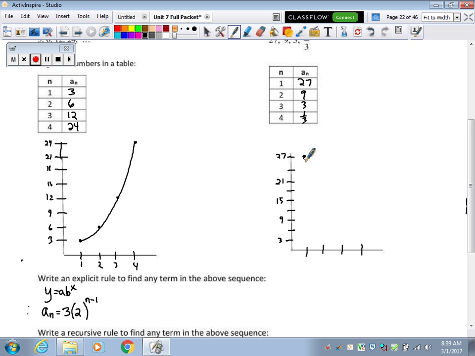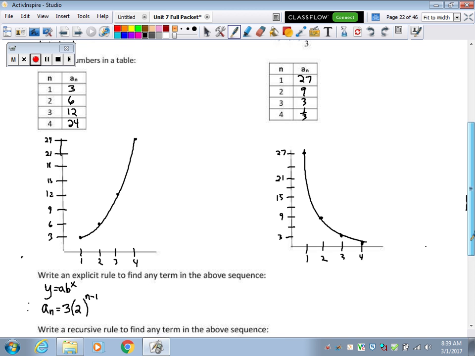Starting at the 27, dropping down to 9, dropping down to 3, dropping down to 1/3. Okay, so that's exponential. It's just exponential decay instead of exponential growth.